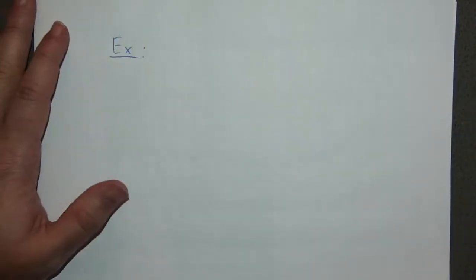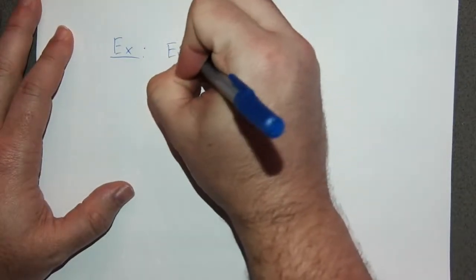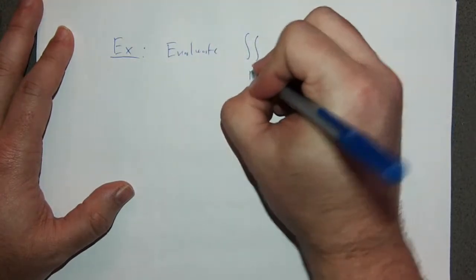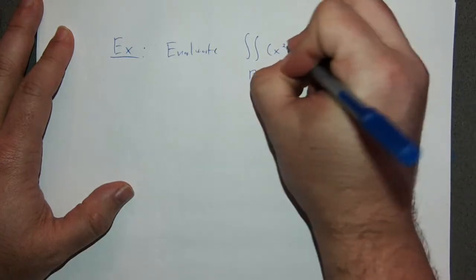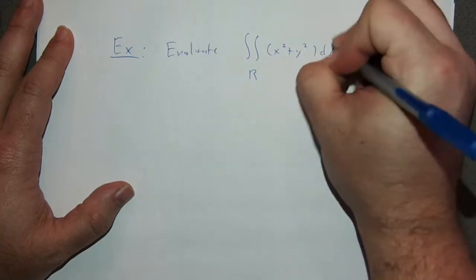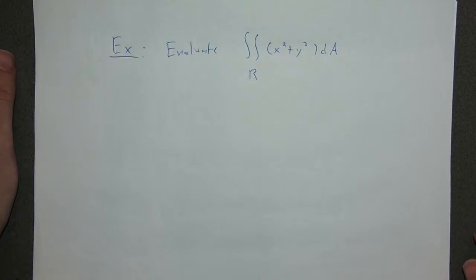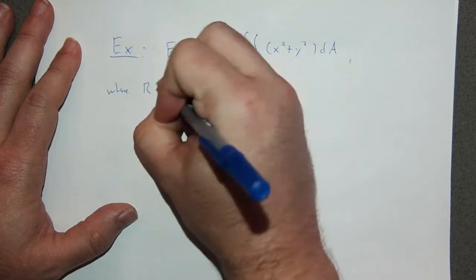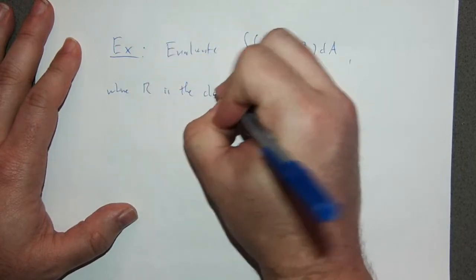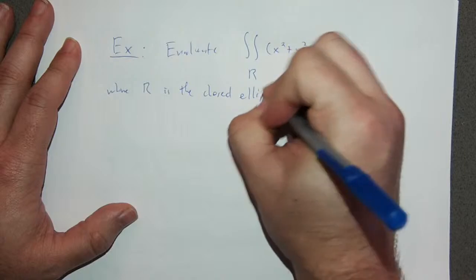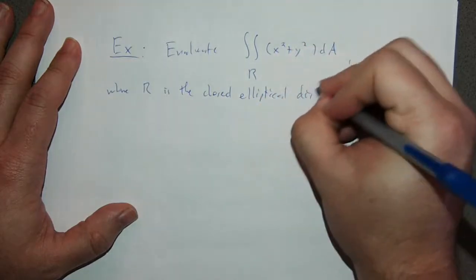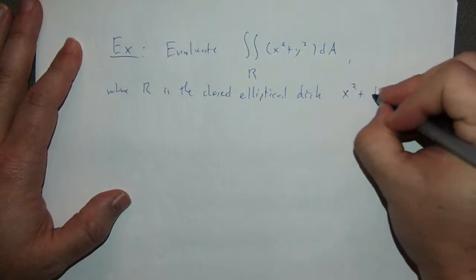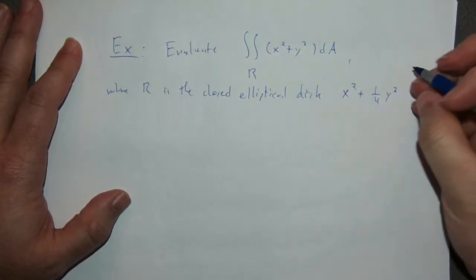Okay, so let's evaluate the double integral over the region R of x squared plus y squared dA, where R is the closed elliptical disk x squared plus 1/4 y squared is less than or equal to 1.